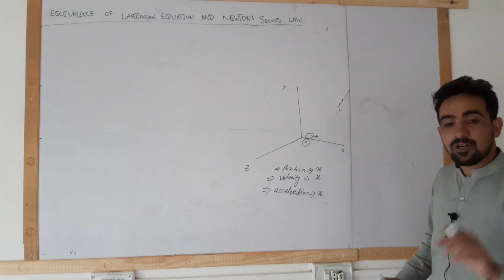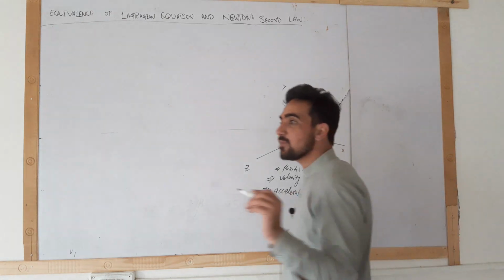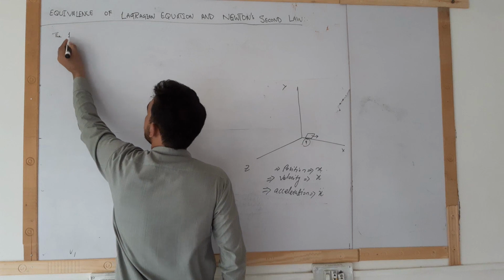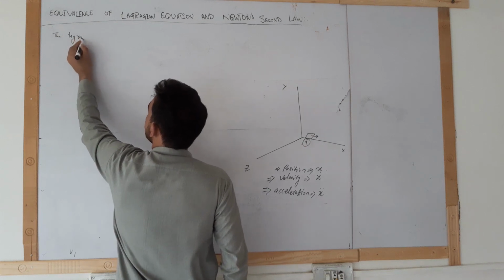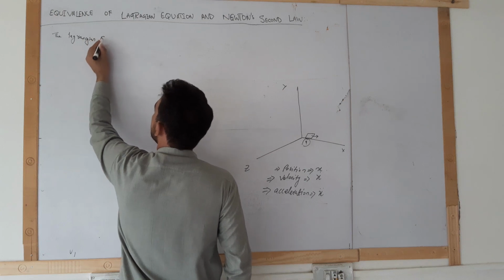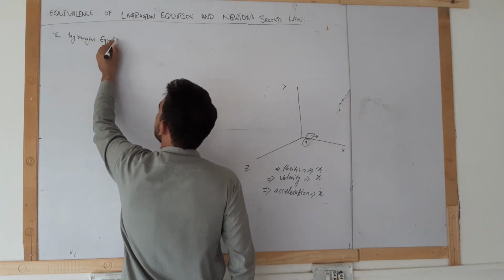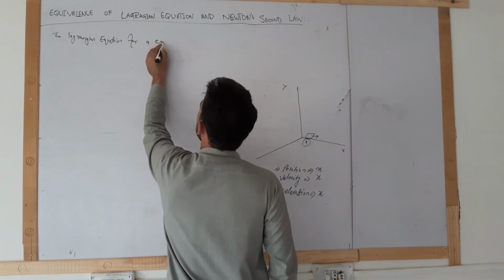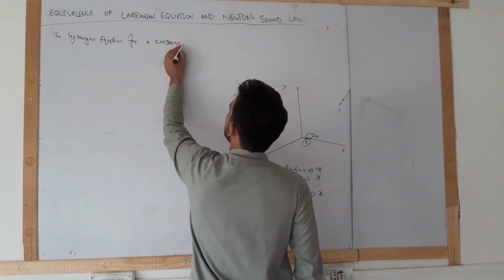From our previous topic, we have derived the Lagrangian equation for a conservative system.